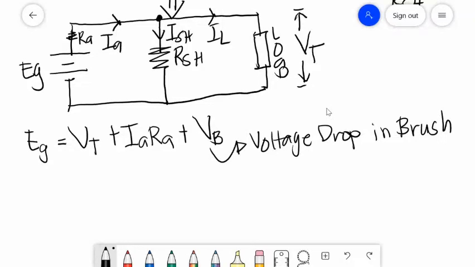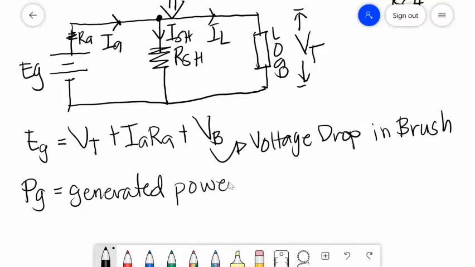And also power generated at the generator. Generated power is equal to the generated voltage multiplied by armature current.